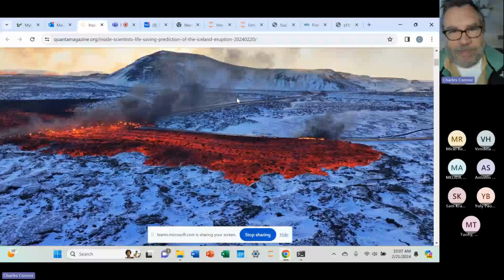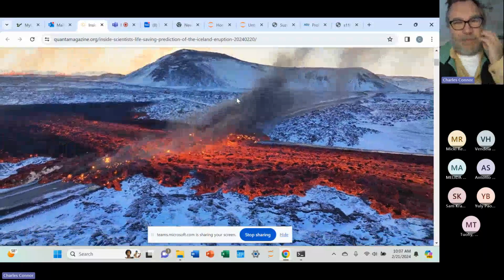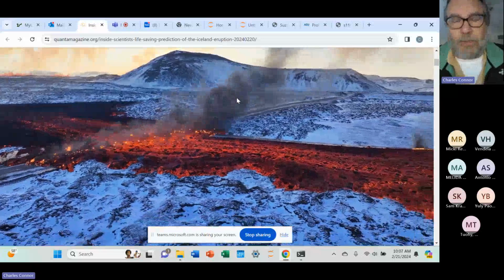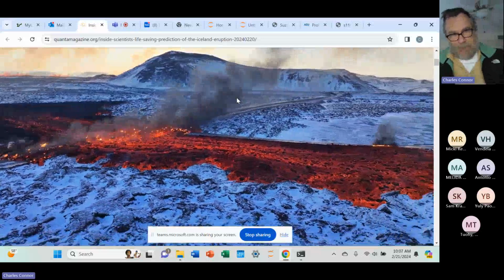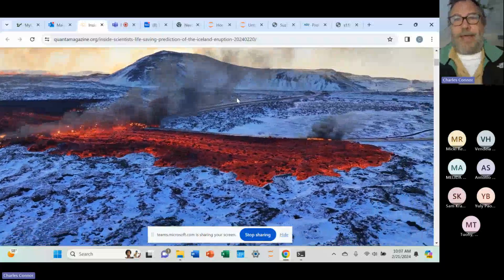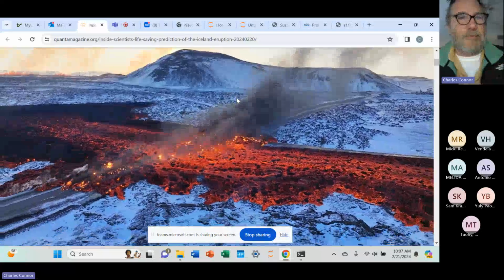So Iceland's going to continue to be interesting for quite some time, and in a couple of weeks, maybe next week, I'm not sure, we're going to be talking about lava flow modeling. So stay tuned for that. It's pretty interesting and super relevant at this point.